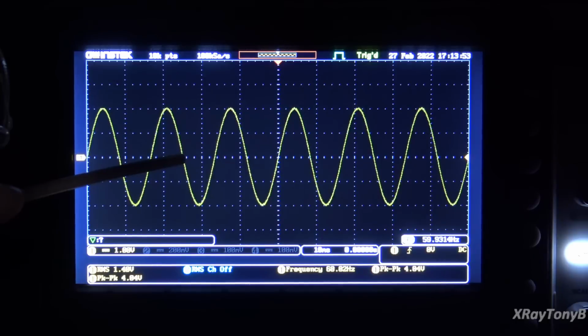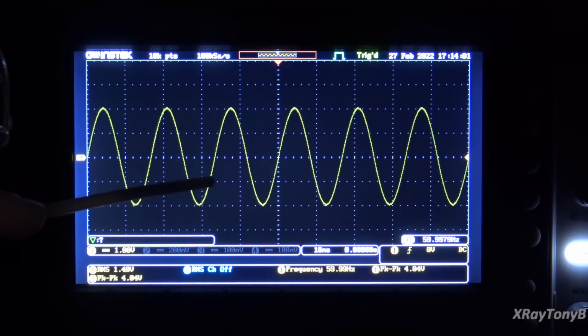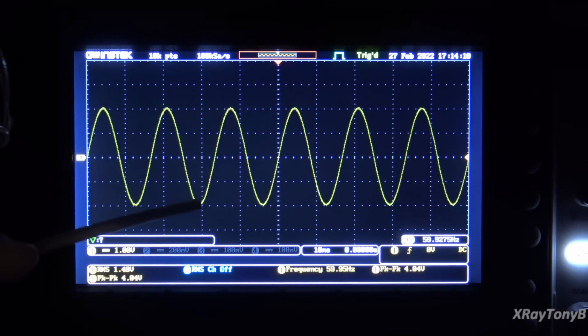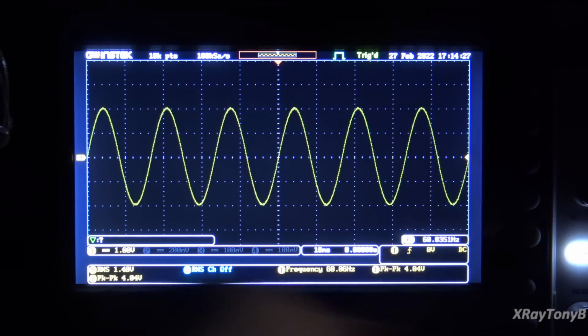Then it switches polarity and it goes down to negative 2 volts. Then it goes back up to ground. The process of doing that, where it goes from 0 to positive, to 0 to negative, and back to 0, we call that 1 cycle. Okay? And what's happening right now is that little dot that you were seeing on the analog scope, it's going past there very, very fast, and then it resets and sweeps back across.